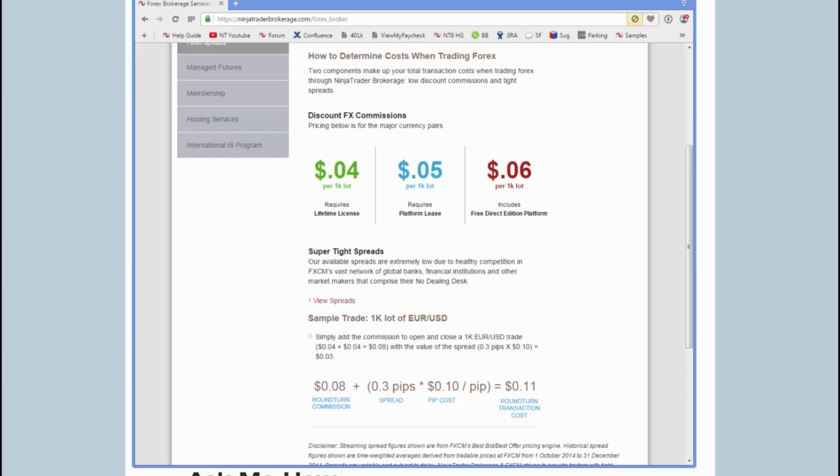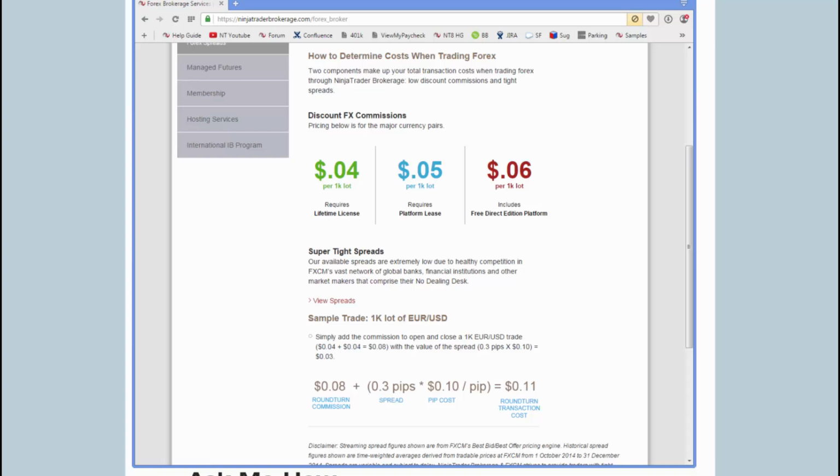If you're using the full version of NinjaTrader, what we call the Standard Edition, again, that's the full featured version of Ninja, where you do have the chart trader ability, you do have all the automated trading features, all the different tools that have made NinjaTrader one of the most popular platforms out there. You have an option to lease the full version of NinjaTrader, in which case your commission will go down.